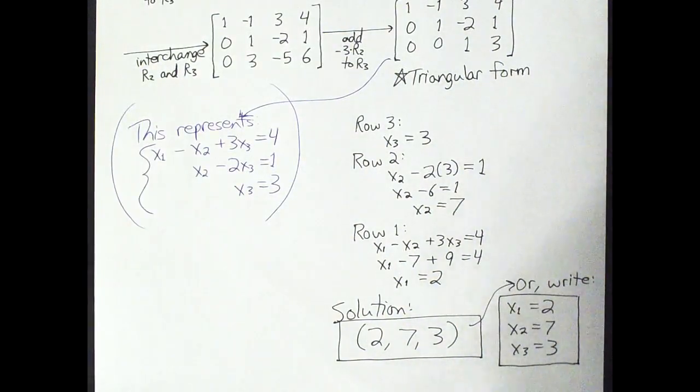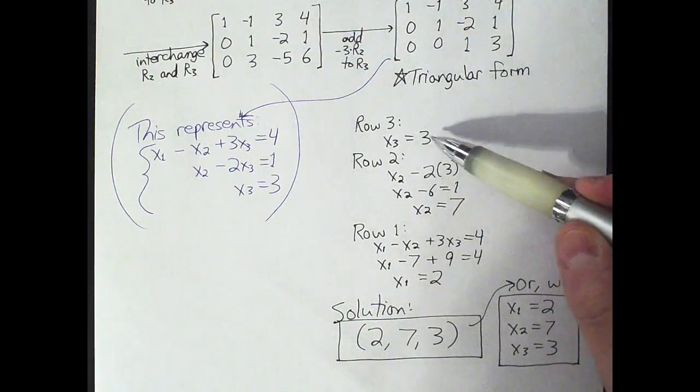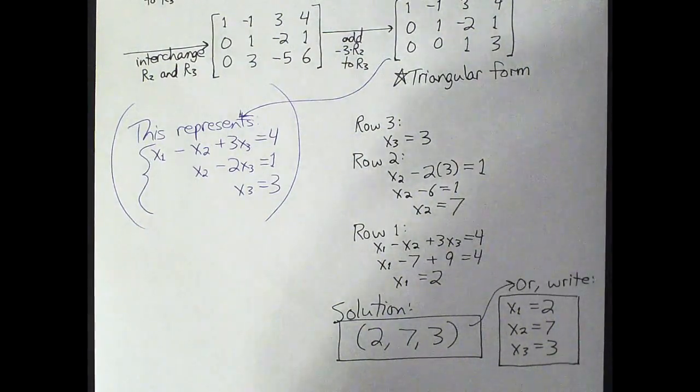And write them in order. The point I'm trying to make is that it needs to be 2, 7, 3, not 3, 7, 2, or some other combination, even though we found the 3 first, and then the 7, and then the 2.